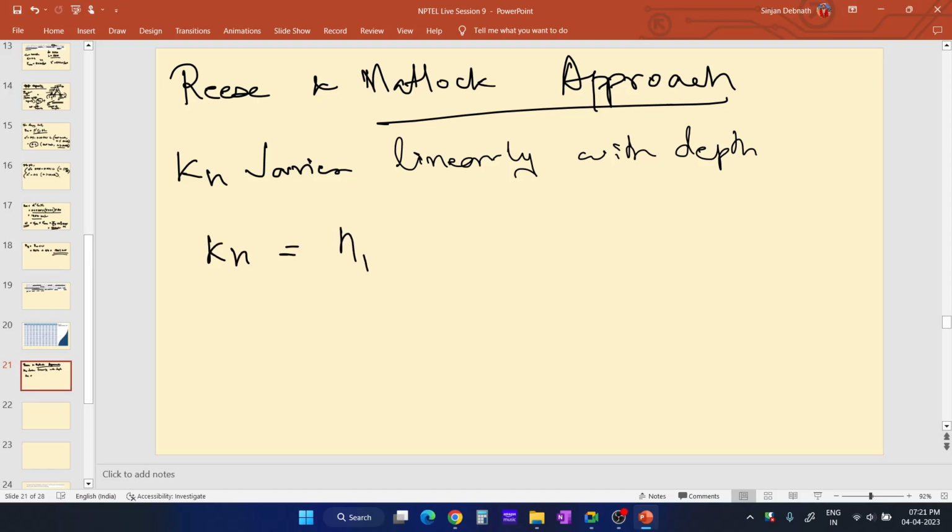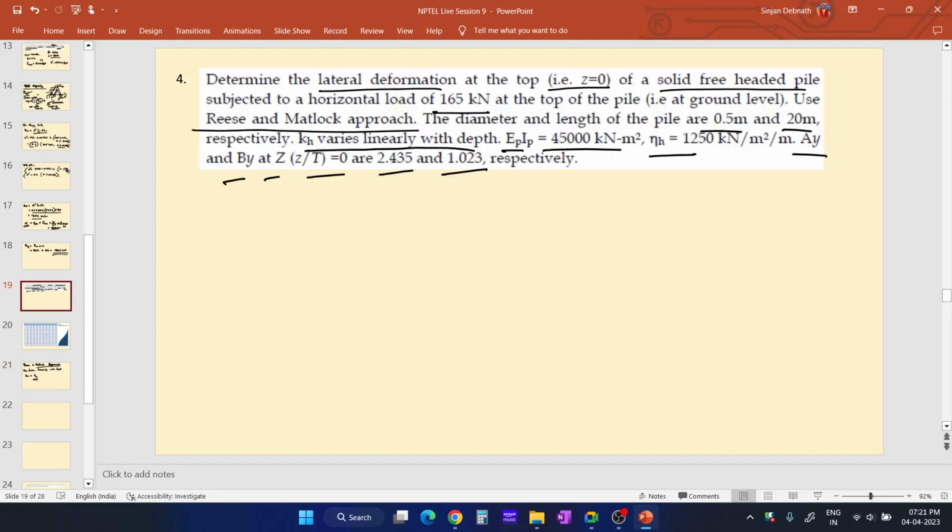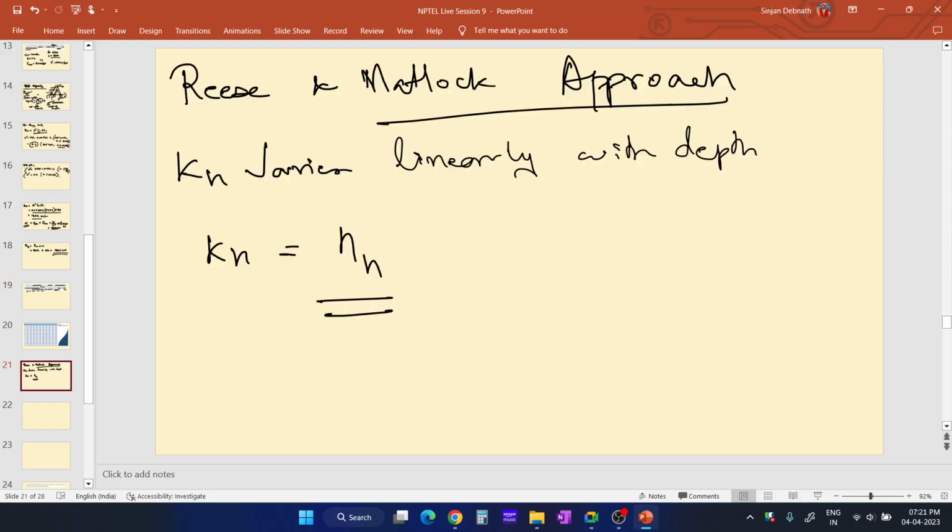KH is equal to eta H times z. What is eta H? It is given in this question as 1250 kilonewton per meter square per meter. Eta H is the coefficient of subgrade reaction, the modulus of subgrade reaction.